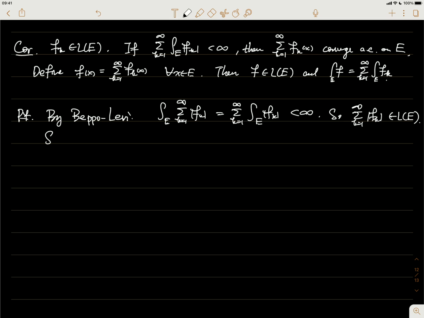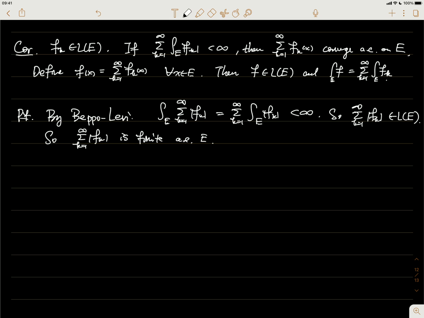So it's finite almost everywhere on E. Okay, and it's finite almost everywhere on E. That means for almost every x on E, the infinite sum here is convergent, is finite.